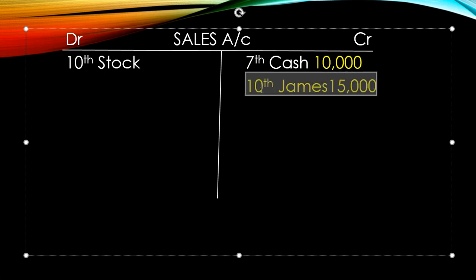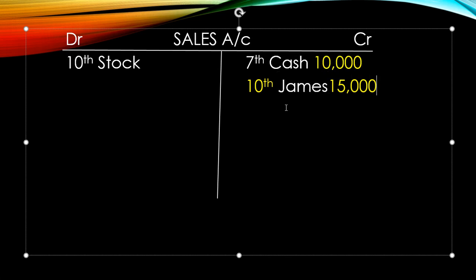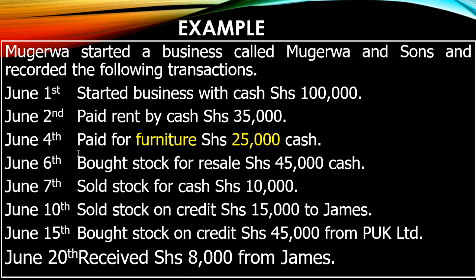Members, what we need to understand is that double entry says every transaction must be recorded twice. If you don't record it twice, then you are not honoring the rules of double entry, and therefore at the end, the trial balance will not balance. So that is a transaction that happened on the 10th, and it is done.